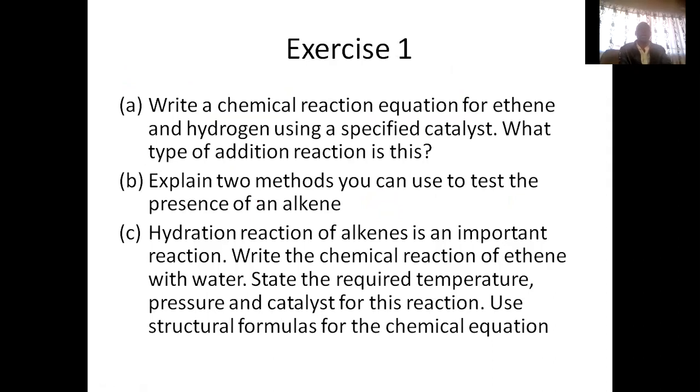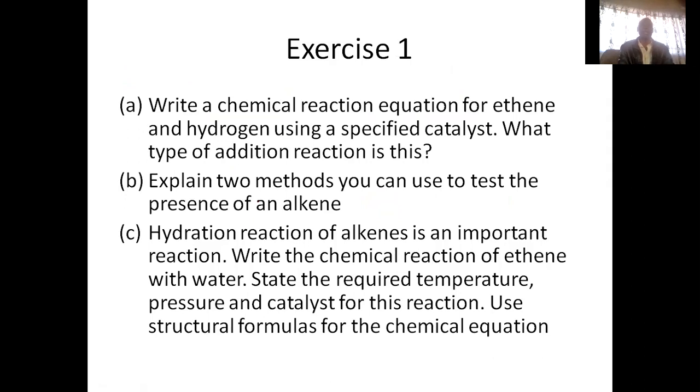And so there is now an exercise which has been given, which you are supposed to attempt to answer. Write a chemical reaction equation for ethene and hydrogen using specified catalyst. What type of addition reaction is this?